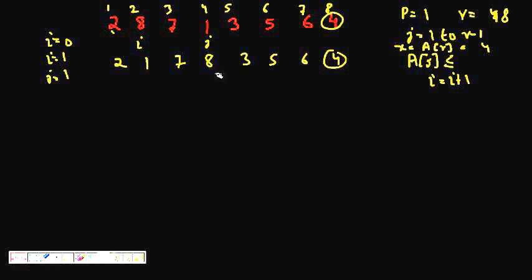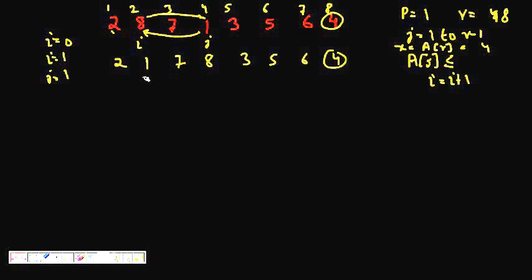Okay, so now what happens? j is here itself, i is here, and we swap 1 and 8. This basically tells why we are swapping. We are swapping because 8 and 7 were a window of numbers which were larger than the pivot element, but now as 1 is less than the pivot, we swap so that the smaller element goes to the left and the larger number comes to the right.